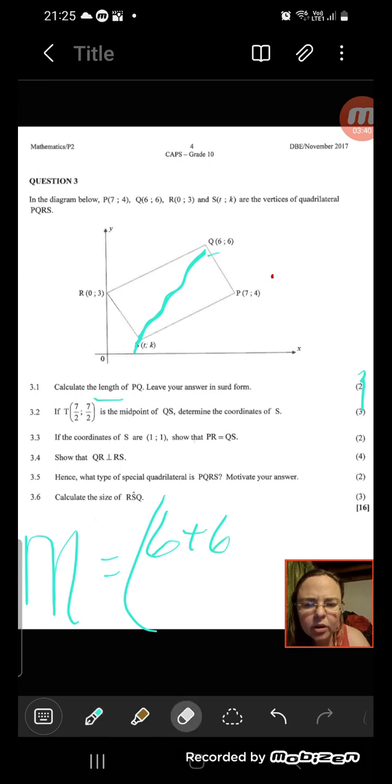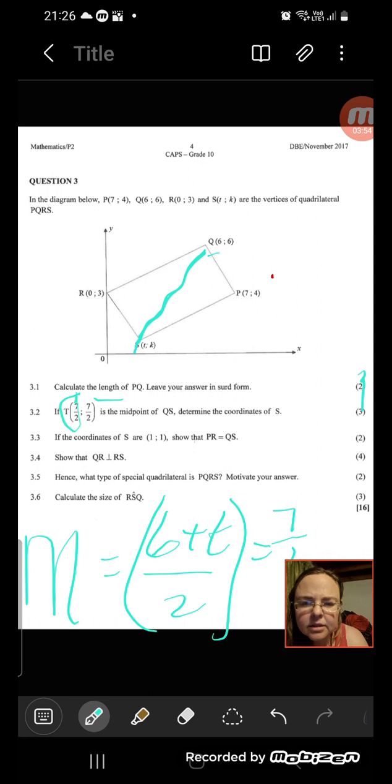Let's work only with the x's for now, because that's how much space I have for now. 6 plus t divided by 2 is going to give me 7 over 2. Okay, because this is the end point. This is the midpoint. This 7 over 2 is going to be my midpoint.